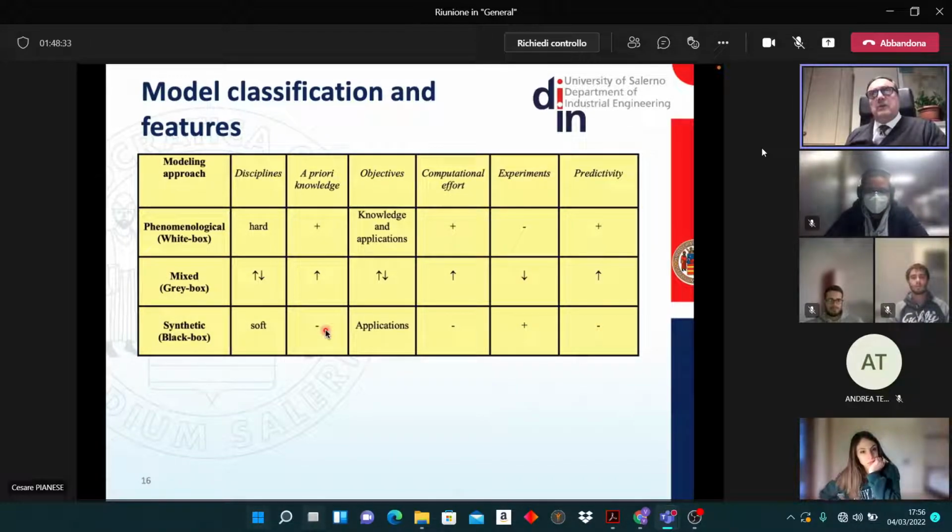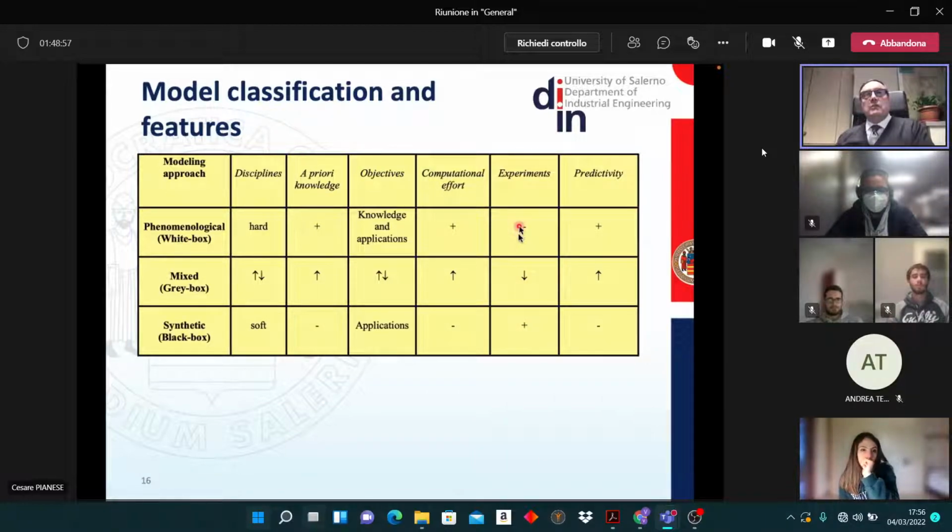For phenomenological models, we have computational effort very high, whereas synthetic black box models don't need very large computational effort. The synthetic black box models need a lot of experiments, as shown here.